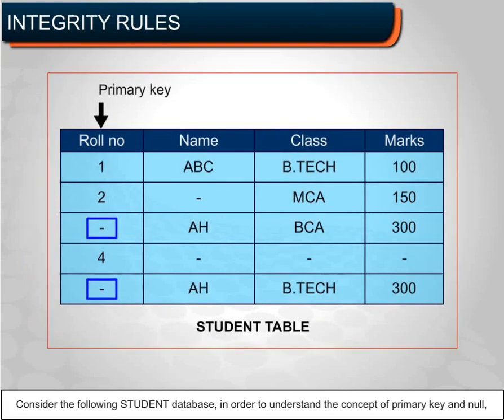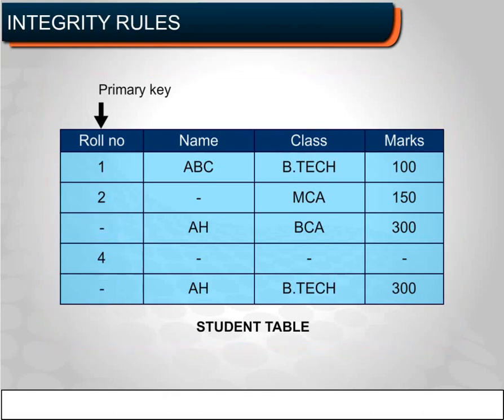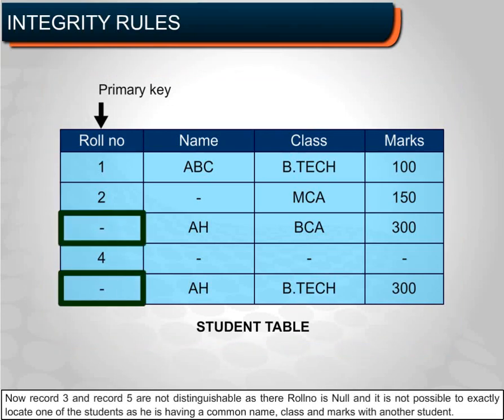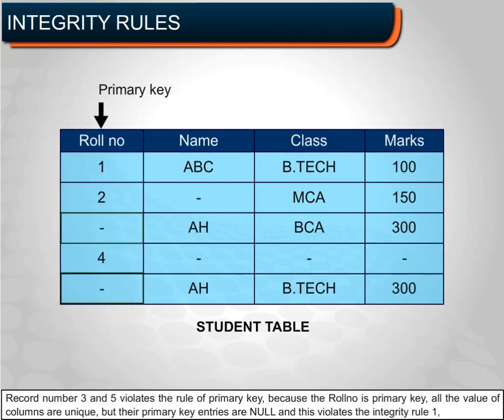Consider the following student database in order to understand the concept of primary key and null. Now, record 3 and record 5 are not distinguishable as their roll number is null, and it is not possible to exactly locate one of the students as he has a common name, class and marks with another student.